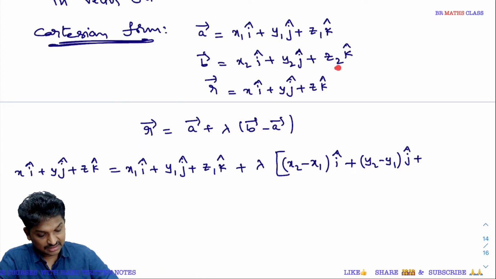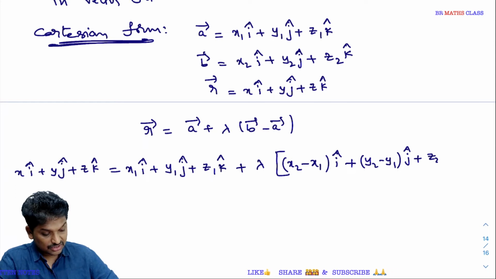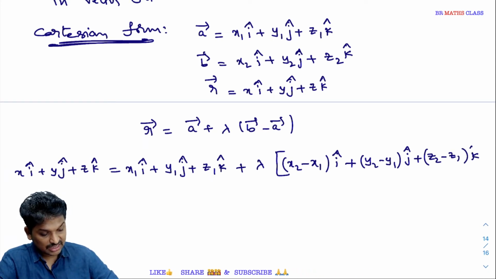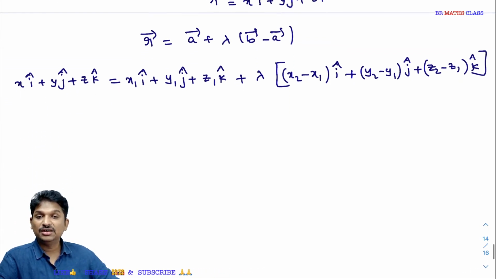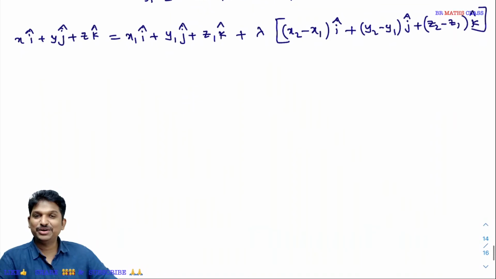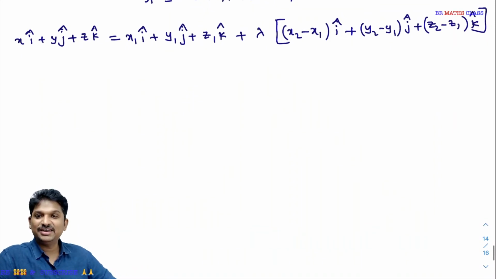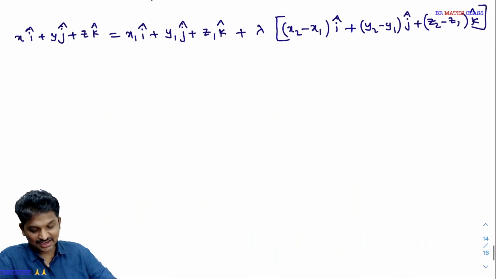Next plus z2 minus z1 into k cap. Right. Now here one more step we can write, but I just want to write that direct step. No problem, we'll write one more step. What is that one more step?